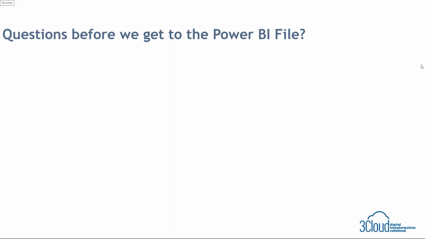Good question. How do these techniques work with direct query data sources like SSAS? If you're doing direct query, some of these will work, some of them won't. The dynamic columns have to take place inside your data model.